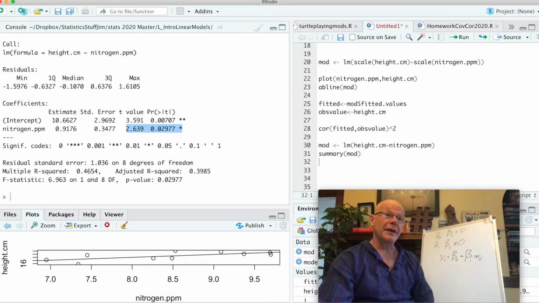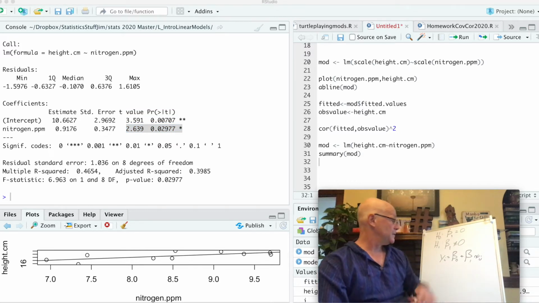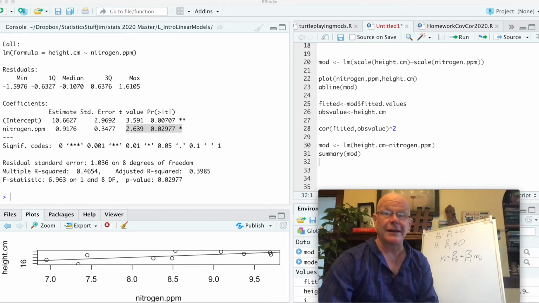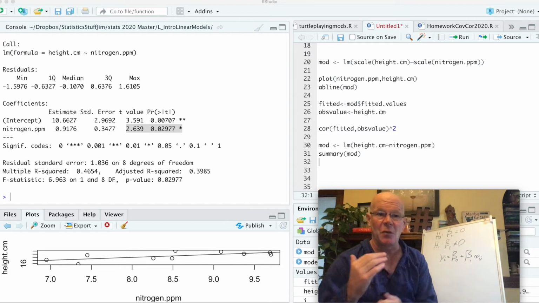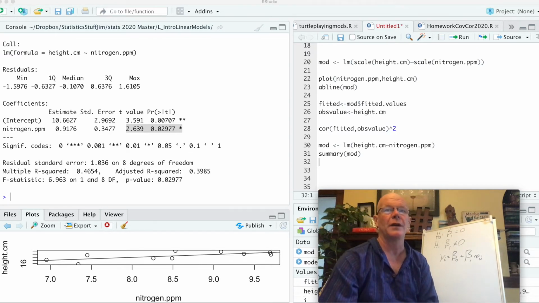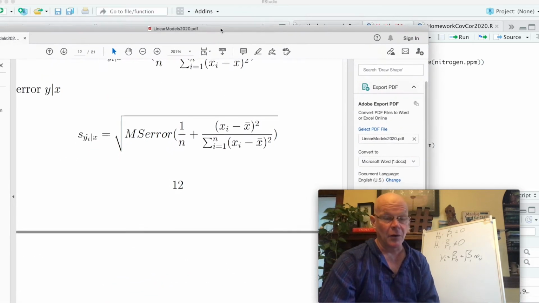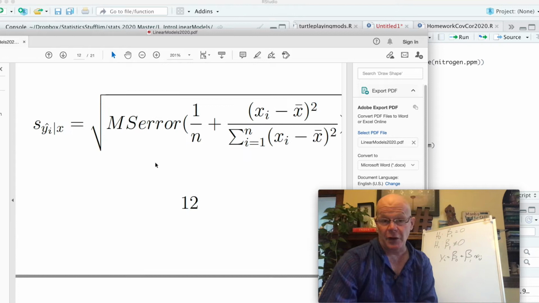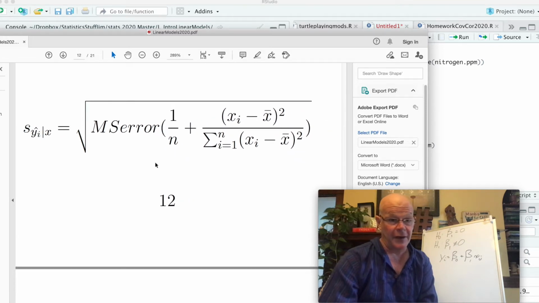And so we can think about the standard error for any given value of y. And this is another piece of arithmetic that you don't need to memorize at all. I just want you to understand what it does. Because again, I don't memorize this, but I just appreciate what it's doing. And so what is this little math here? This is from the notes that I've given all of you.